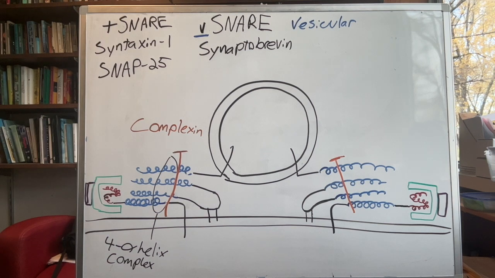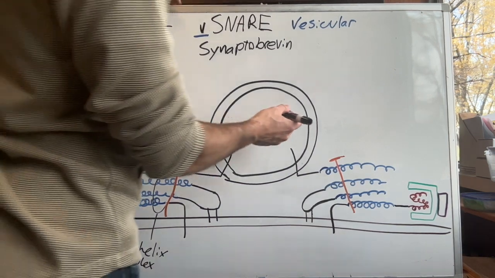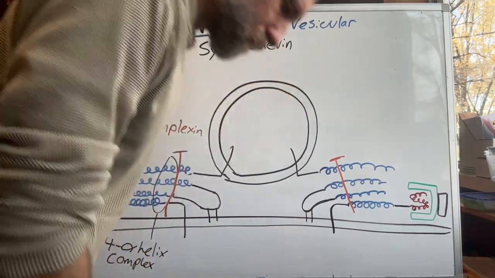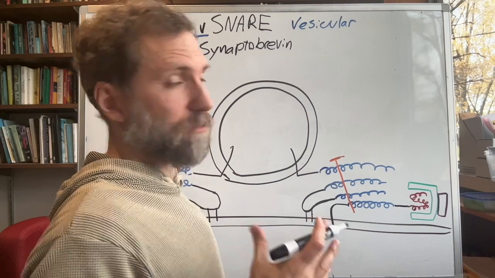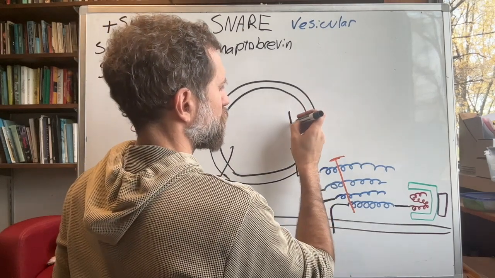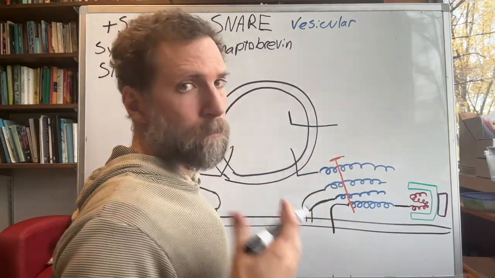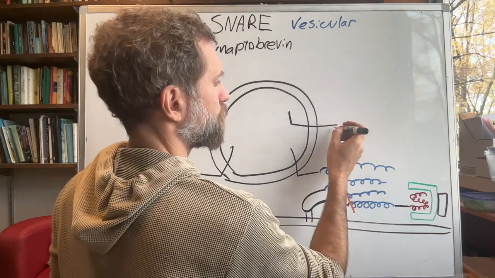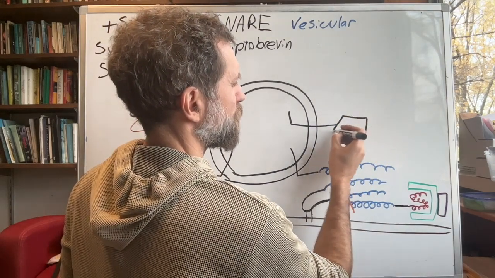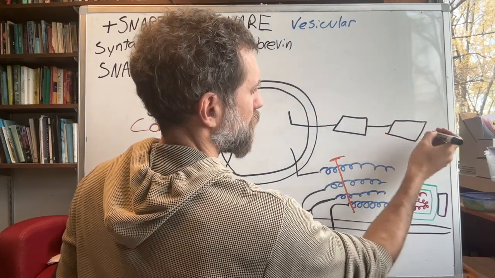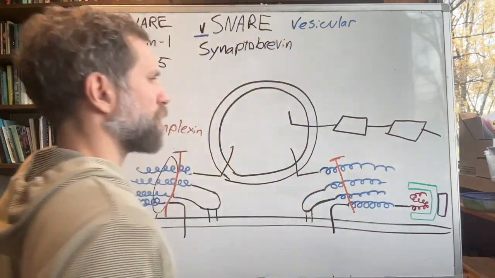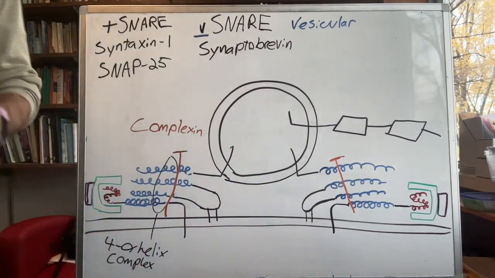Not without the help of yet another protein, synaptotagmin, which is in the vesicle. This is a protein that does not have a SNARE motif. So it's not a SNARE protein. But it is important for synaptic vesicular exocytosis.